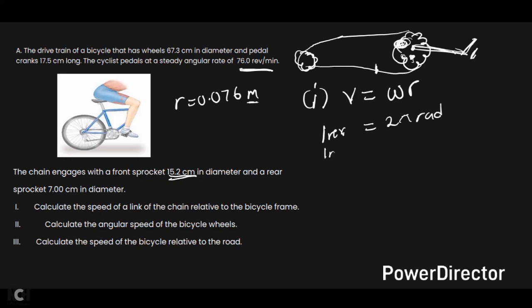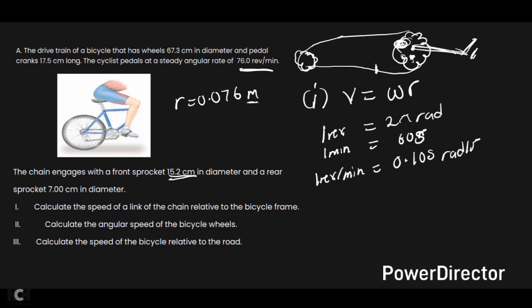How about 1 minute is equal to 60 seconds? So 1 into 1, it will give you 1 rev a minute. But 60 into 2 pi, it will give you 0.105 rad per second. So this is 1 rev per minute, and this is equal to 0.105 rad per second.